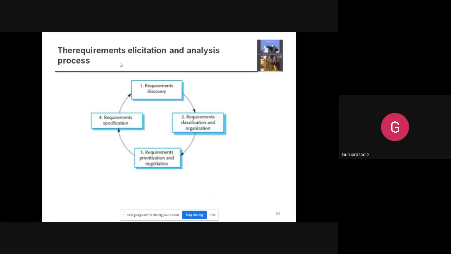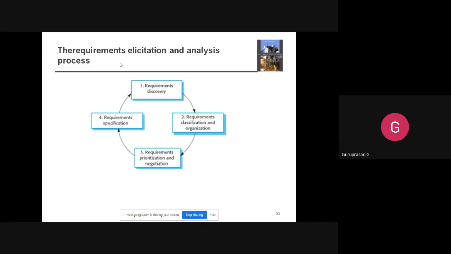So this diagram I wanted to show you: requirements elicitation and analysis. Briefly, we will discuss requirement elicitation and analysis. Initially the feasibility study will be conducted, correct? So the next stage will start now. We call it the requirement engineering process. This is nothing but the requirement elicitation and analysis.